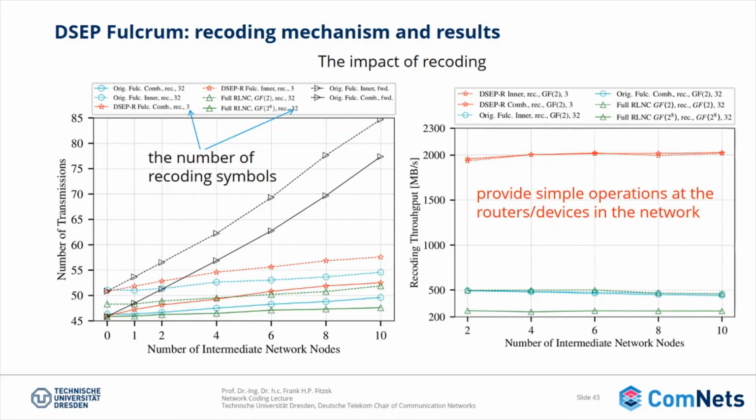It also maintains a low density level at the encoder, and this leads to maintaining high decoding throughput at the receiver. So this DSEP mechanism provides simple operation at router devices in the network.